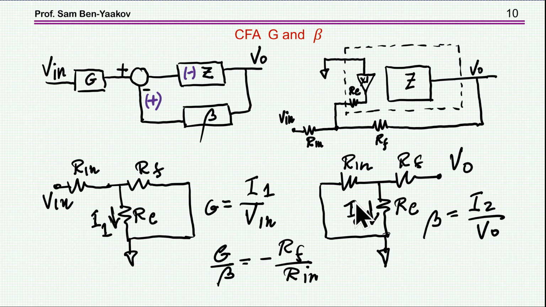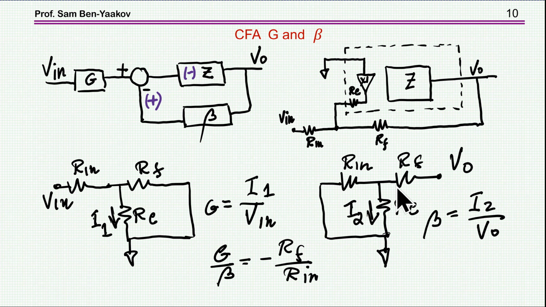Let me just say that the result is that in this particular case we get again RF over Rin, so that R sub E is not affecting the transfer function in closed loop. So from outside this amplifier looks like a regular VFA, a voltage feedback amplifier.